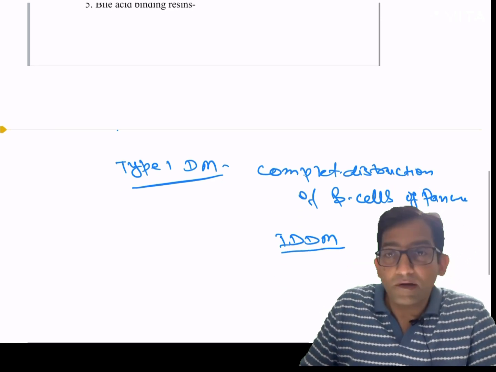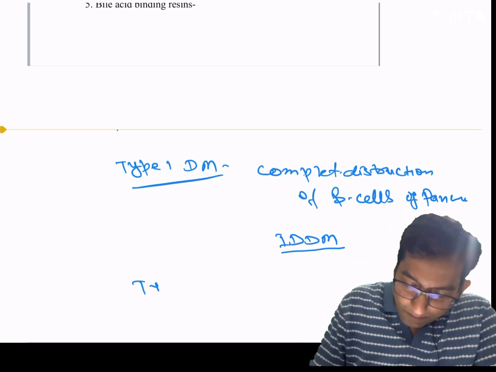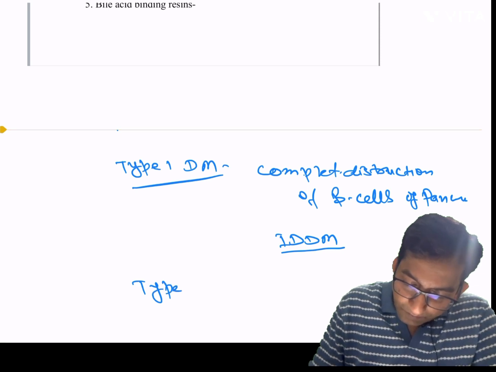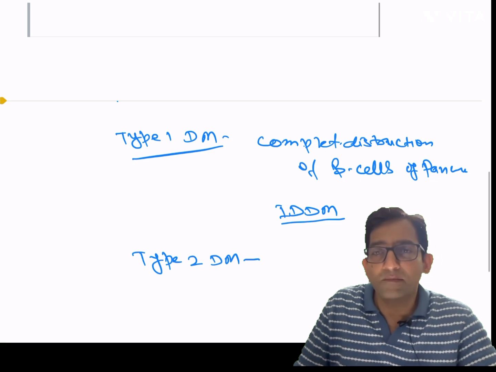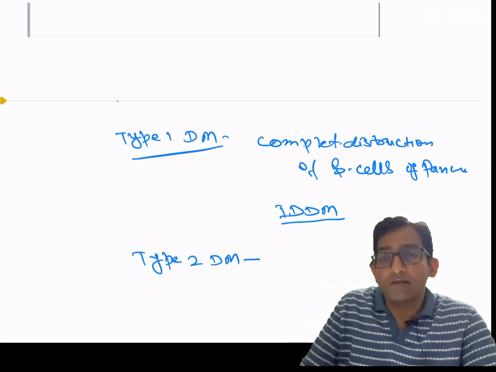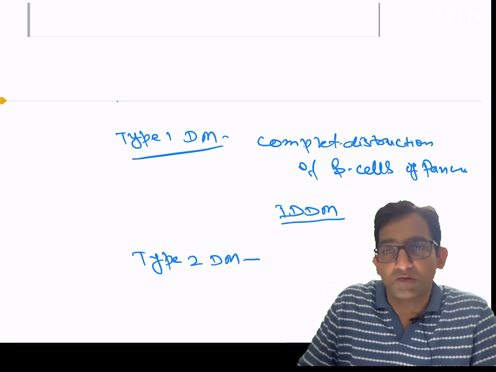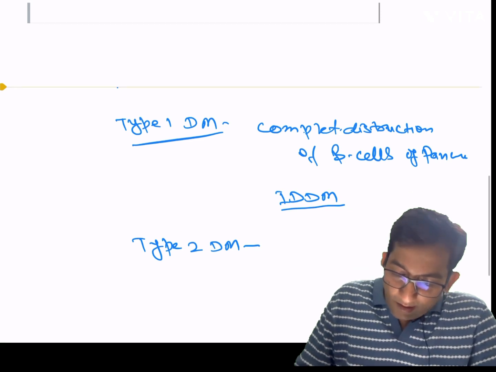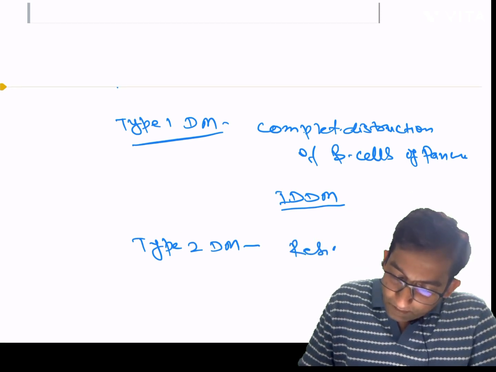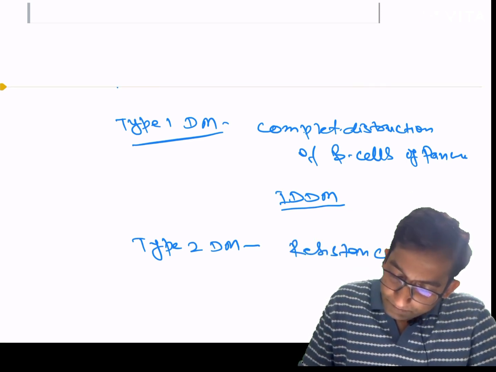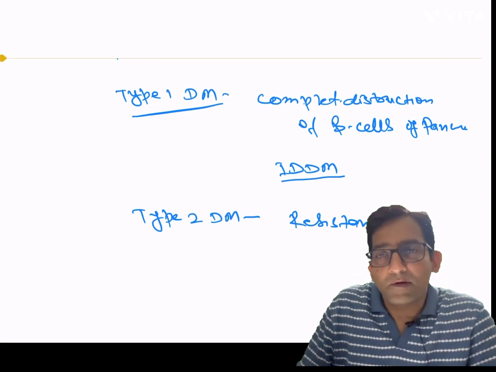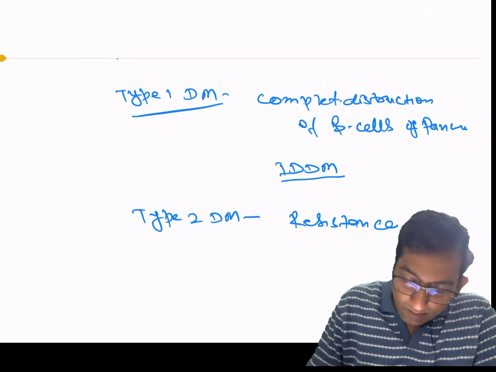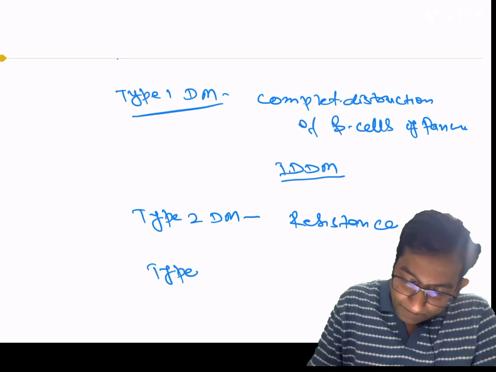Now, the second type of diabetes mellitus is called type 2 diabetes mellitus. In type 2 diabetes mellitus, resistance is developed towards the insulin. Now, the third type is called type 3 diabetes mellitus.